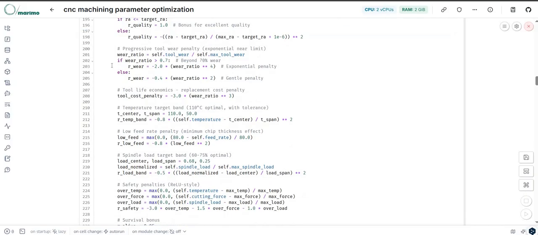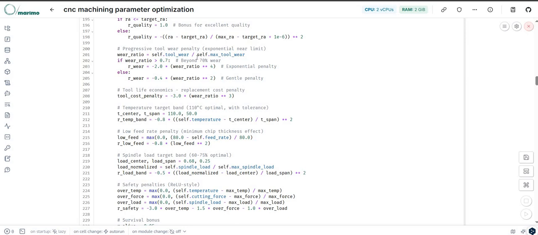We also penalize tool wear. The wear ratio is calculated as tool wear divided by maximum tool wear. If this ratio goes above 70%, the penalty grows exponentially, specifically as -2 times wear ratio to the power of 4.